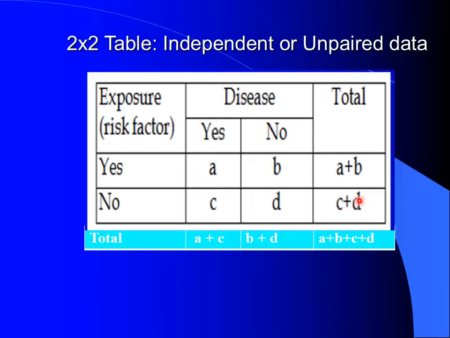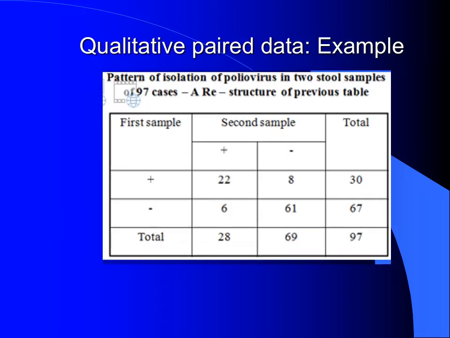In the earlier video, we had covered a 2 by 2 table of this setting. This kind of setting relates to the risk factor. This kind of data is called independent data or unpaired data. In this, the individuals are different. As compared to this, we have the paired data setting.